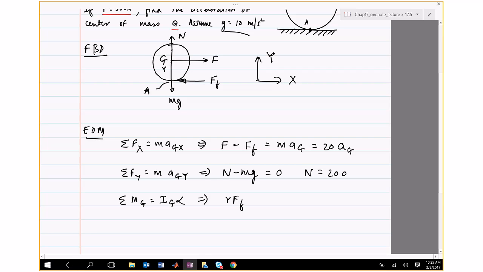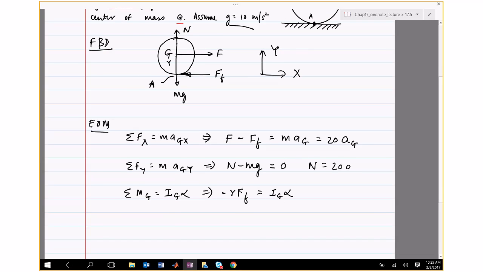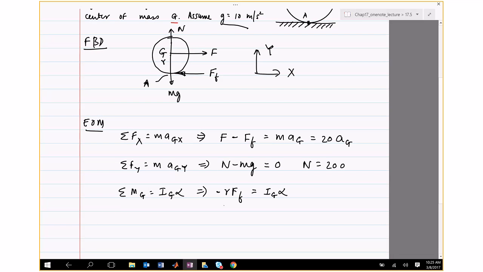So what's the sign on the moment? It's negative, because if you hold the wheel at its center point, then this force is going to turn the wheel in the clockwise direction, as you see. So it's going to be negative, equals Ig times alpha. R is 0.1.